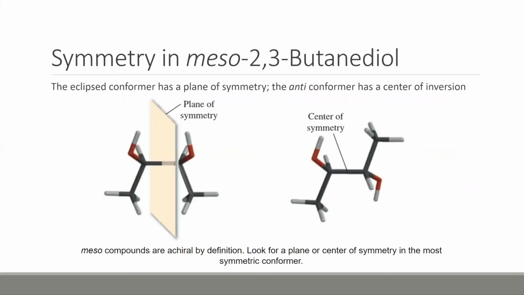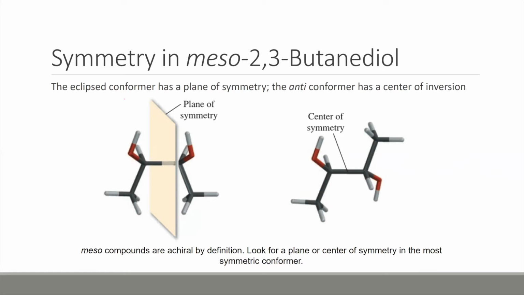To look for meso compounds, you want to see if the molecule has a plane of symmetry. Here, this is the plane of symmetry of 2,3-butanediol. You can see that the eclipsed conformer, when we move it into its eclipsed form, has a plane of symmetry, and the anti conformer has a center of inversion. These meso compounds are achiral by definition.